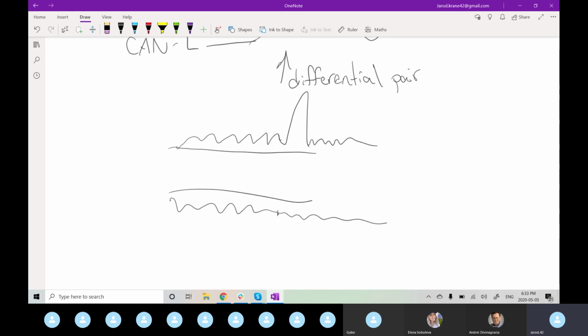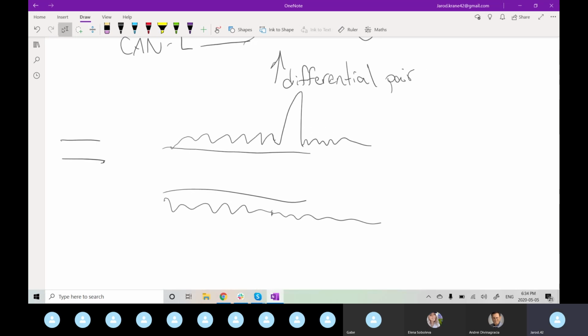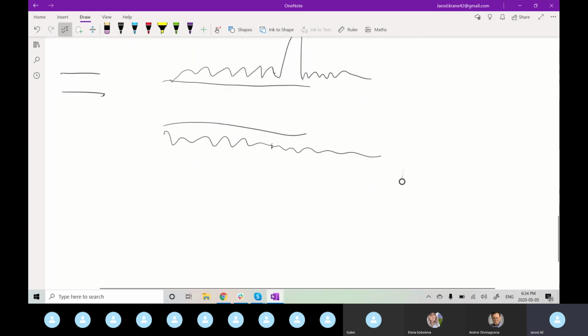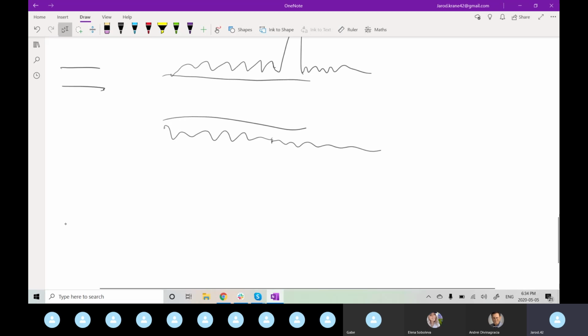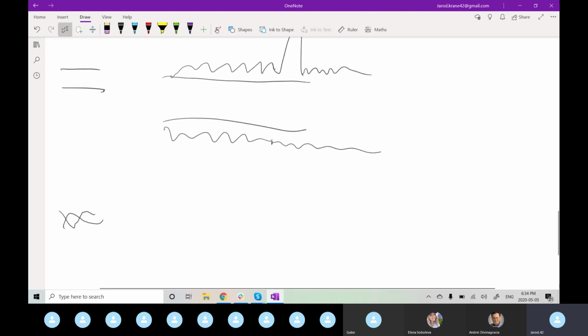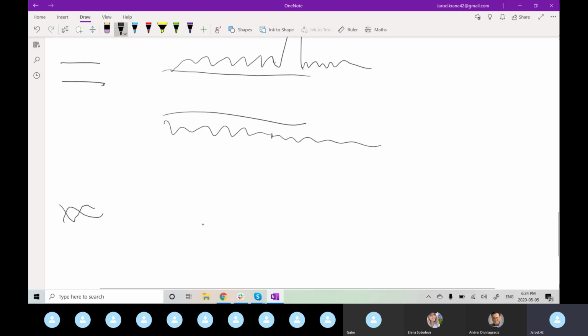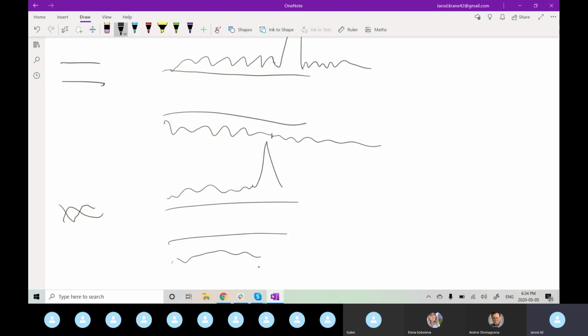This is having the lines just run parallel or just loosely set up. If you actually have your wires twisted, you'll have your signal and it'll be able to pick up interference on both sides.